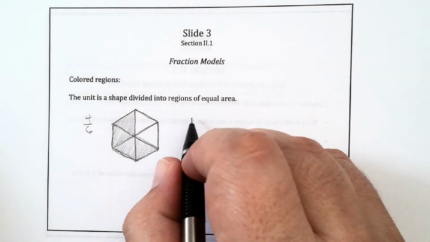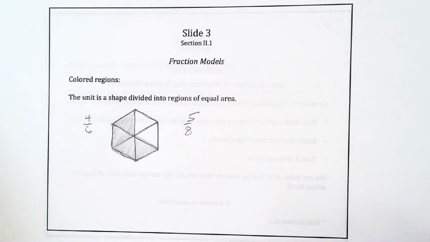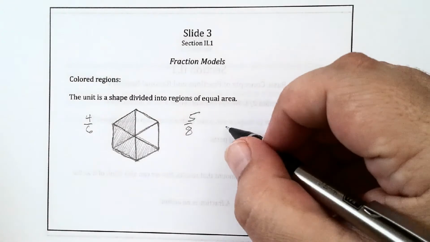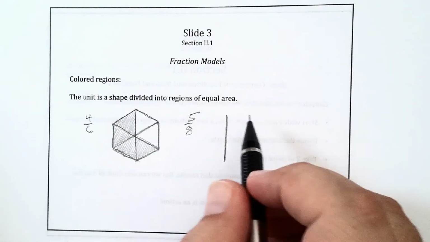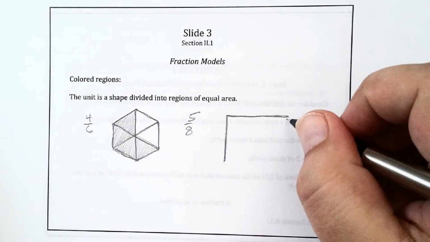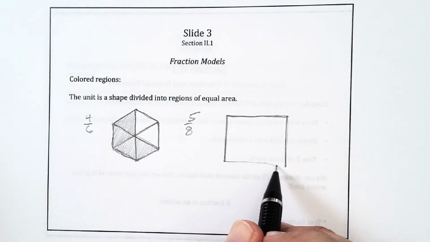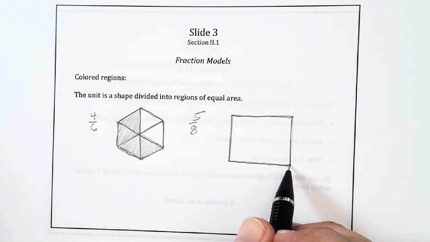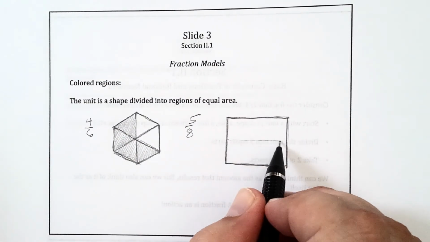Or let's try, let's say 5/8. And again, I can really use any shape that is easy to divide into 8 equal parts. We could draw an octagon, but that's kind of a pain, so let's just do a rectangle. And there's lots of ways I could divide it up into 8 equal parts. Let's just do it like this.